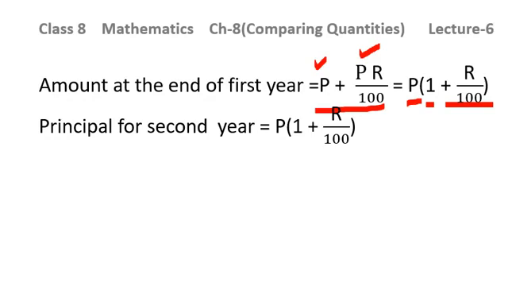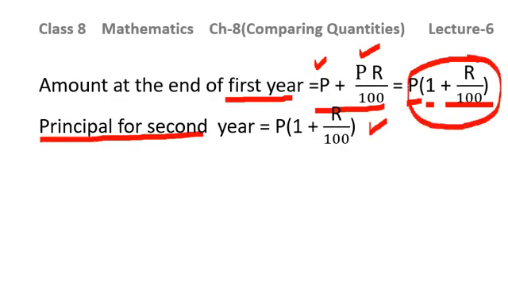Then the principal for the second year: as I told you, in compound interest the amount of the previous year will be the principal for the next year. So it will be P bracket 1 plus R over 100. This was the amount of the first year, and now this will be the principal for the second year.